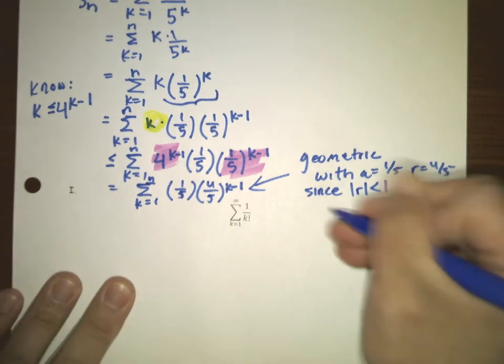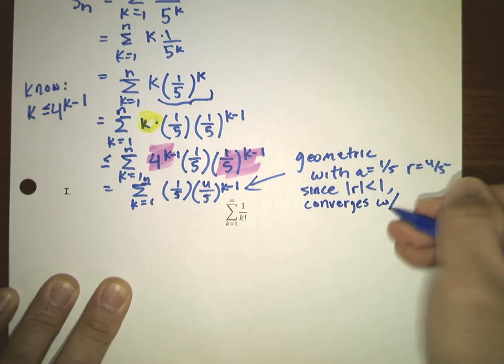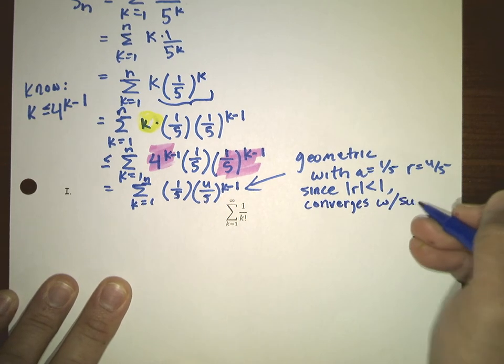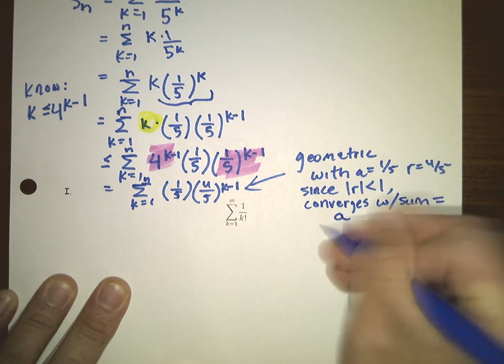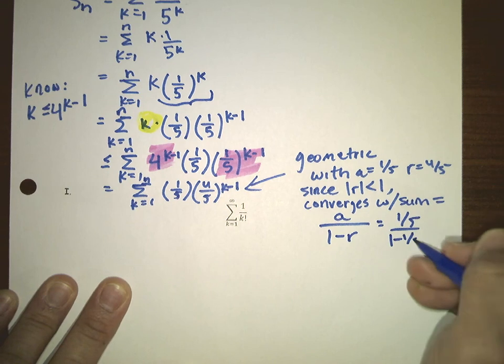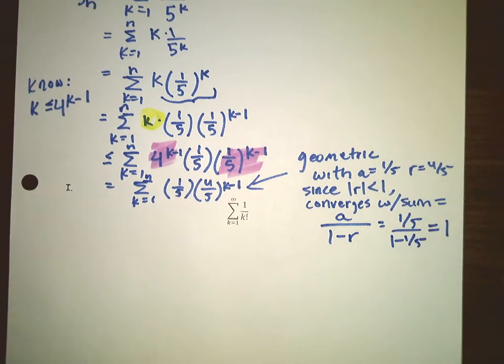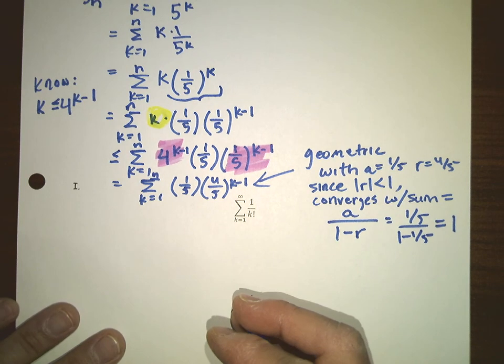So it converges with sum equal to a over 1 minus r, so 1/5 over 1 minus 4/5, so that will be 1. So that means that this is bounded above by 1.